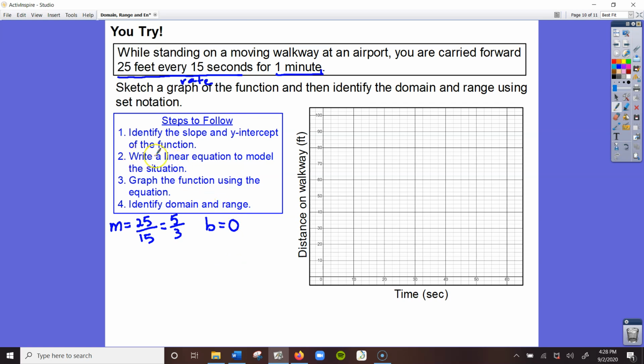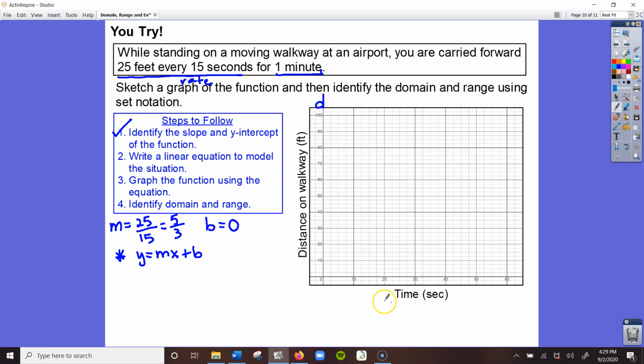Now we're going to see if we can write the linear equation that models that situation. Remember, a linear equation is y equals mx plus b. But we're not going to use y and x, because we're going to define our variables depending on what they represent. Since the y-axis is distance, I am going to use the letter d to represent y.